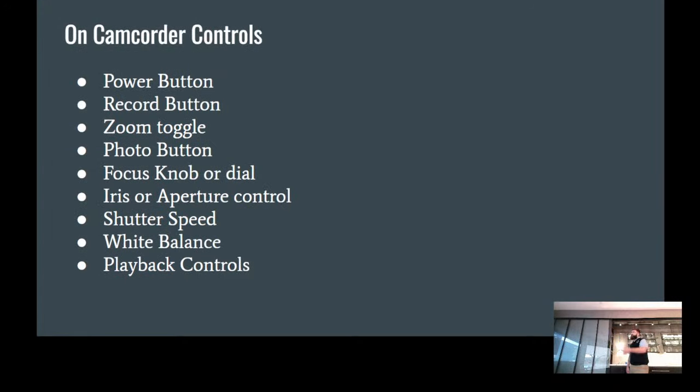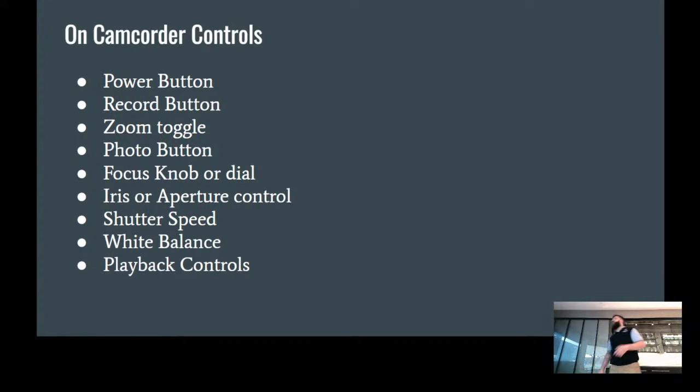So again, camcorders, very similar to regular cameras, but their buttons focus on the actual camcorder. So you have your power button, you have a record button, the zoom toggle, your photo button, a focus knob or dial, iris or aperture control, shutter speed, white balance, and then your traditional playback controls.